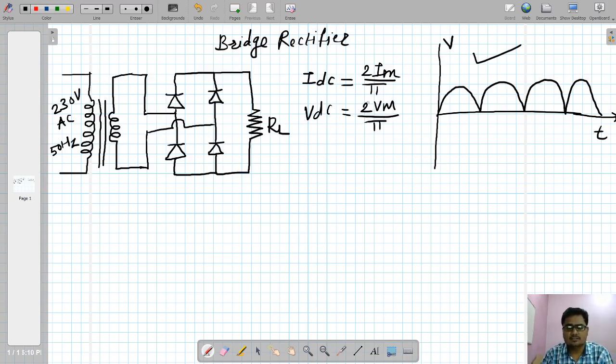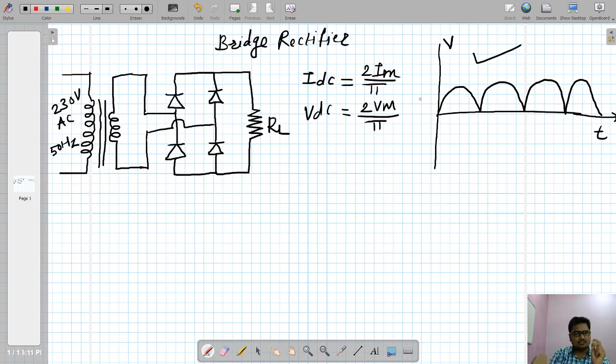Isn't it the same for center diode rectifier? It means whatever analysis we have done for center diode rectifier, all is applicable to the bridge rectifier. Why? Because both are a type of full wave rectifier, both are giving the same output voltage. So all those 13 or 14 parameters that we have derived for center tap, we can paste here for this bridge rectifier.